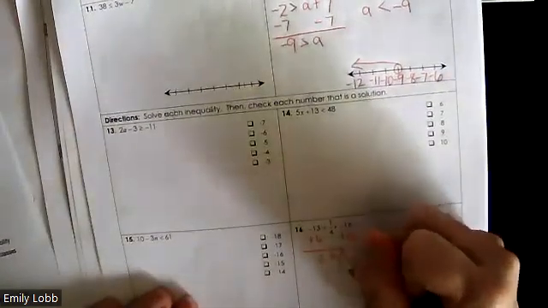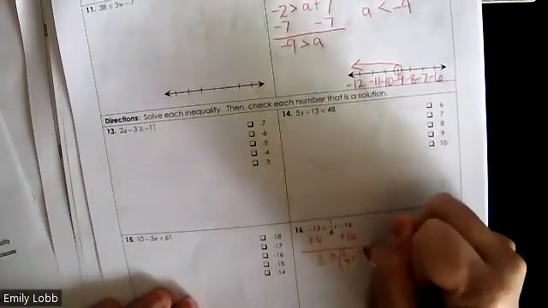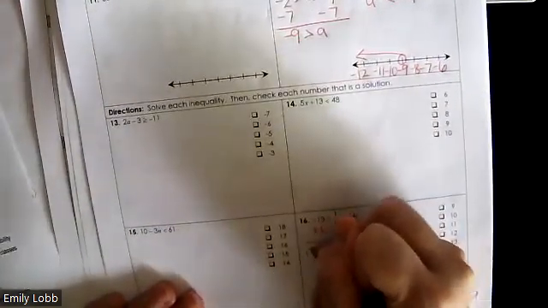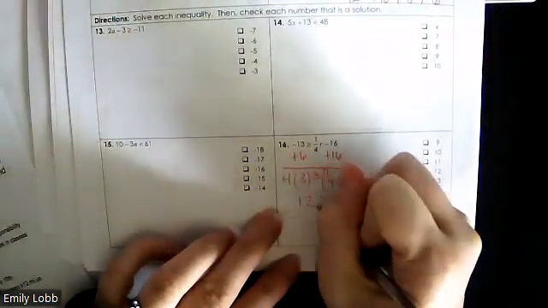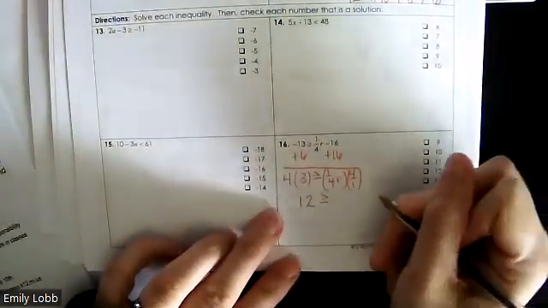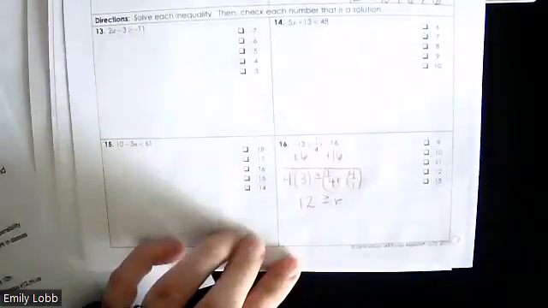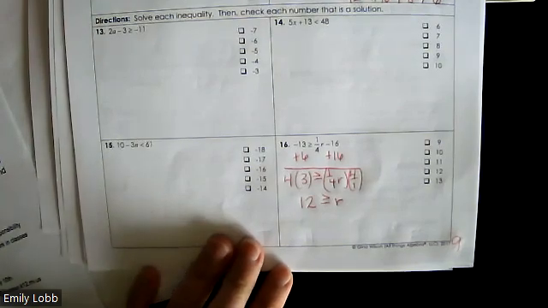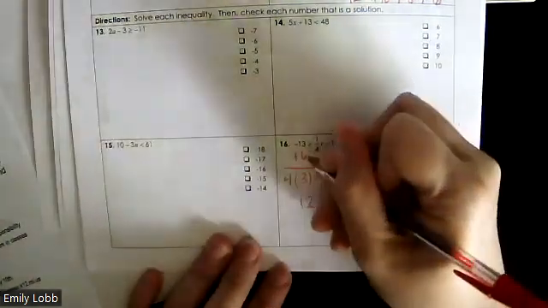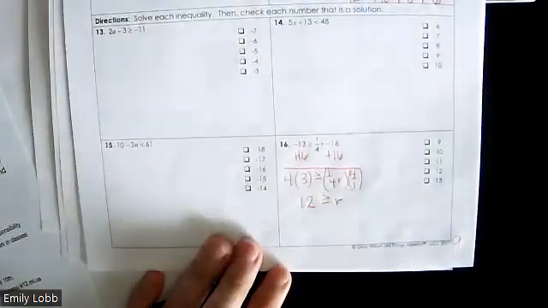So the reciprocal of 1/4 is 4 over 1. So if I multiply both sides by 4, I have 12 is greater than or equal to r. It's still 3, right?